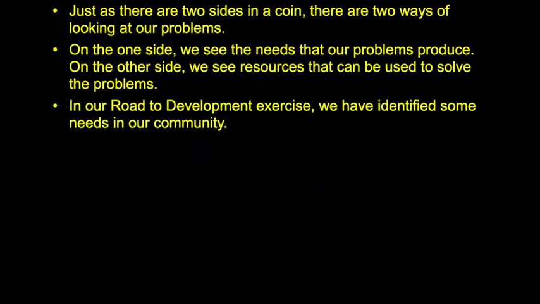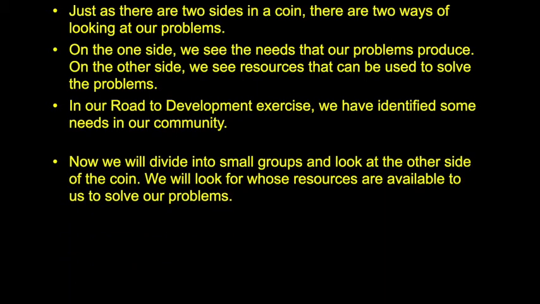In our Road to Development exercise, we have identified some needs in our community. So now we will divide into small groups and look at the other side of the coin, to resolve. And we will look for what resources are available to use to solve our problems.